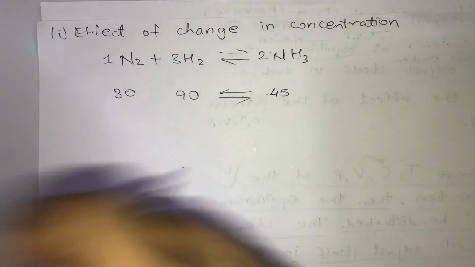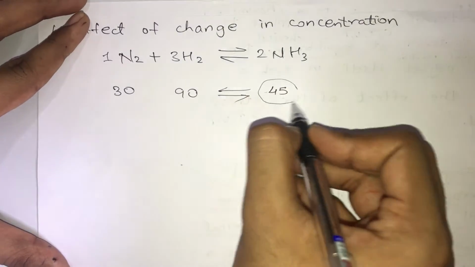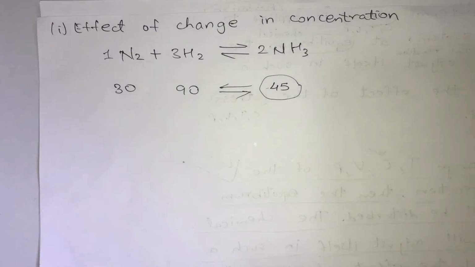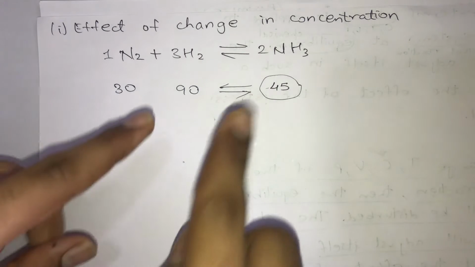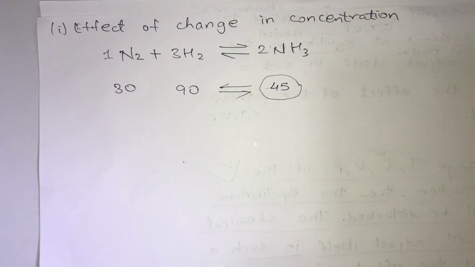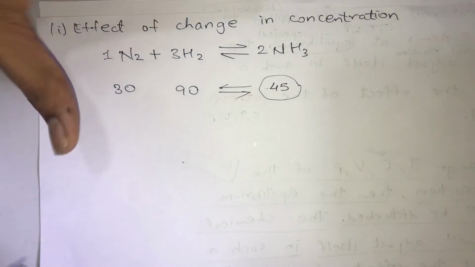Now you are worried that you have got only 45 moles of NH3, and as a manufacturer you obviously want to maximize your production. To maximize your production, you need to change the chemical equilibrium state. How are you going to change the equilibrium state? Let's understand.